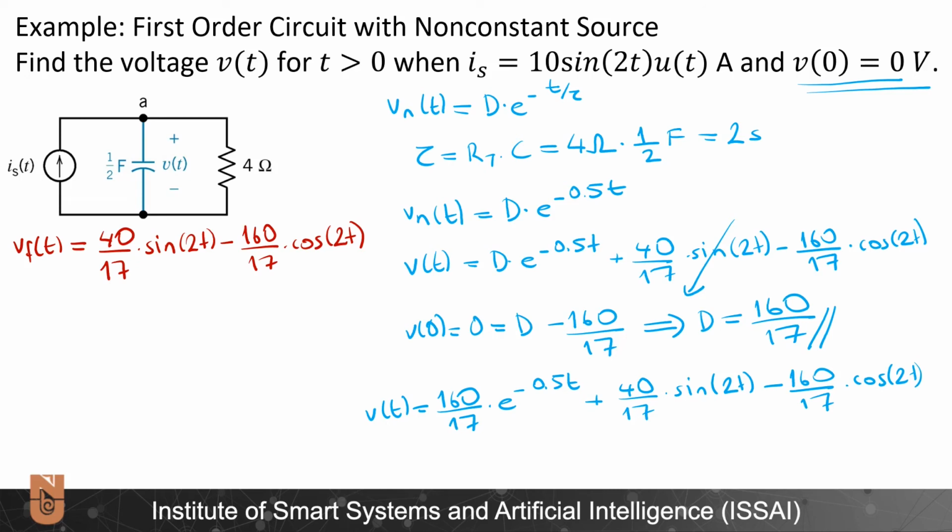Obviously, this part, the natural response, will die out, will go to 0 as t goes to infinity. And this part, on the other hand, is a sinusoidal function. It will continue oscillating as long as this force continues. And this way we finish the solution of this circuit.